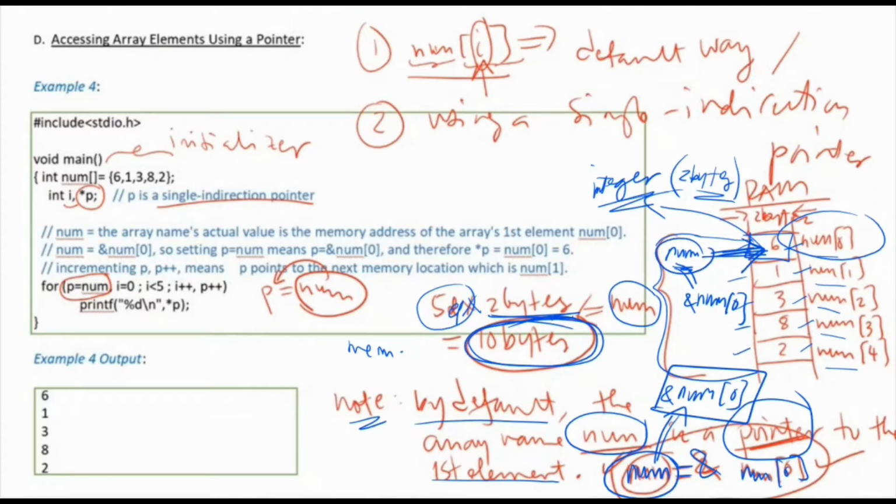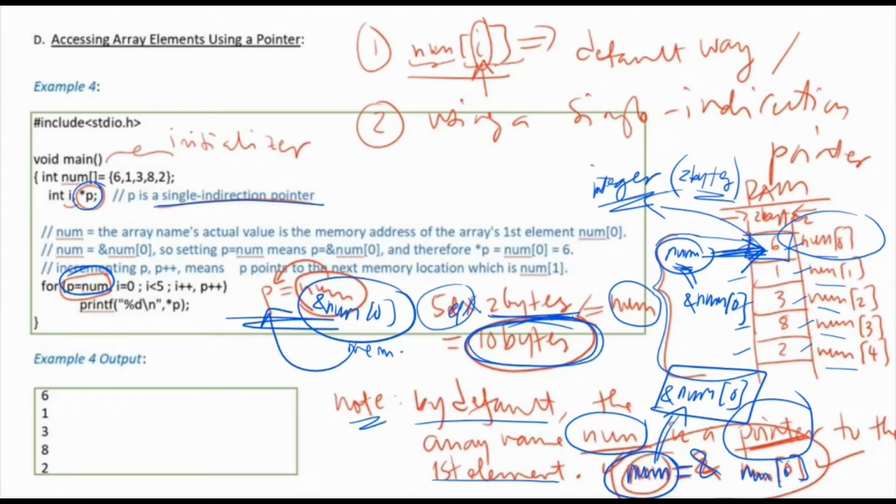And since in our for loop here, we initialize p to be equal to num, where p is a single indirection pointer, whatever the value of num is, which in this case is the memory address of num0, that becomes also the value of p.